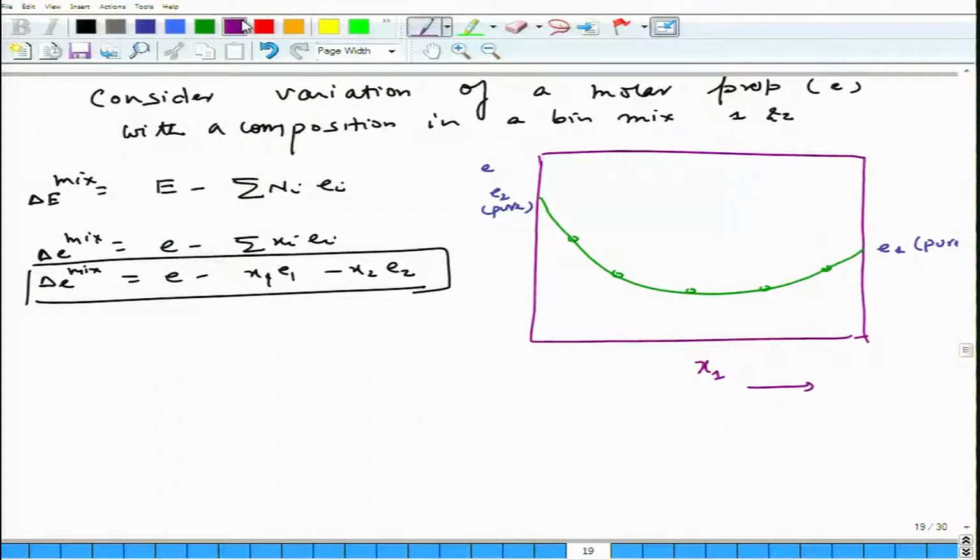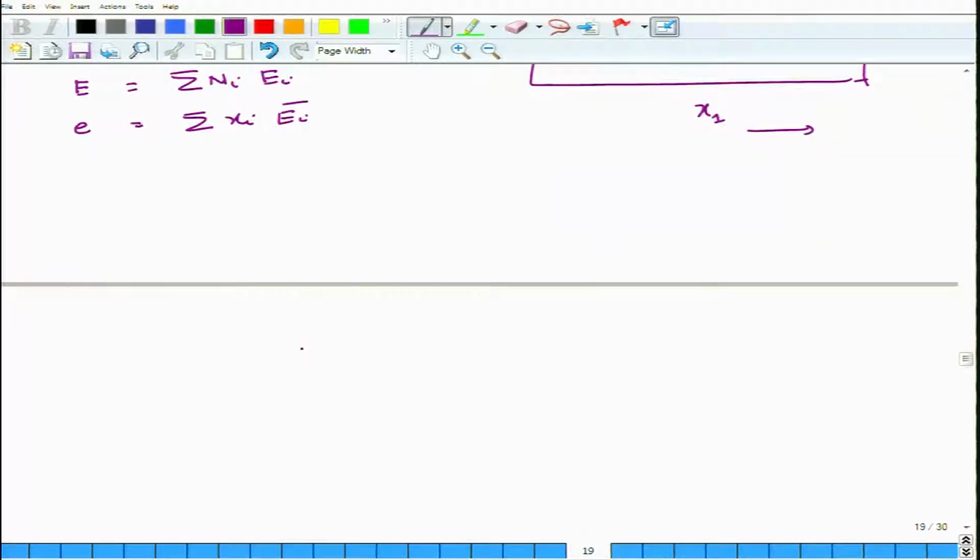Okay. Now, I can also write E as summation Ni Ei like this, and again I can write this E as, if you divide by total number of moles, Xi Ei. So, we have now this expression for binary mixture. I can write this as x1 E1 bar plus x2 E2 bar. Okay.